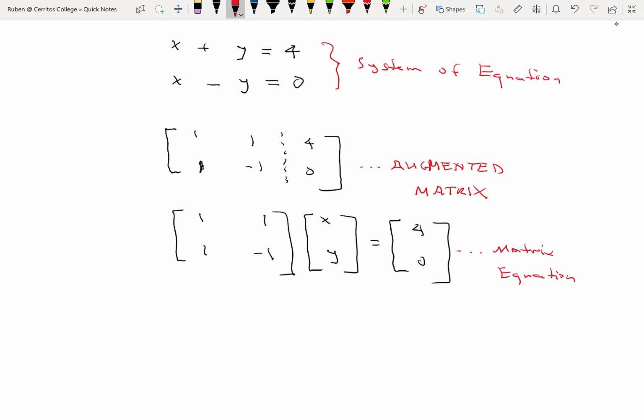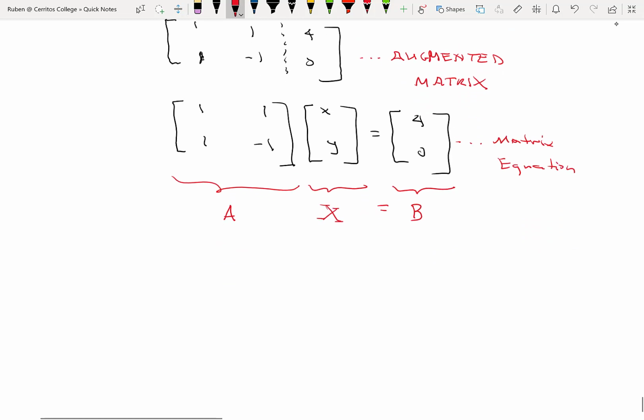In the matrix equation, the first matrix on the left we often abbreviate with a capital letter A. We can also abbreviate the matrix of unknowns with another capital letter X, and we can abbreviate the matrix on the right hand side of the equation with another capital letter B. A is referred to as a 2 by 2 square matrix.